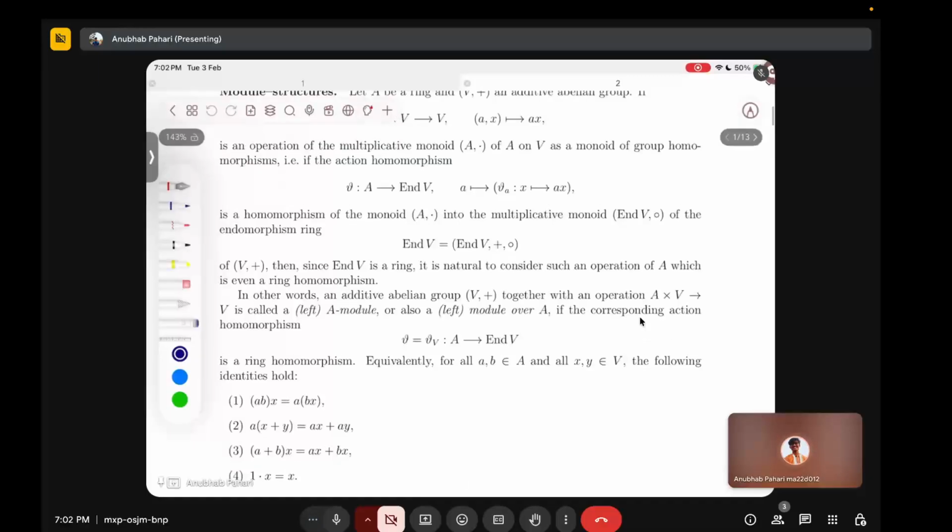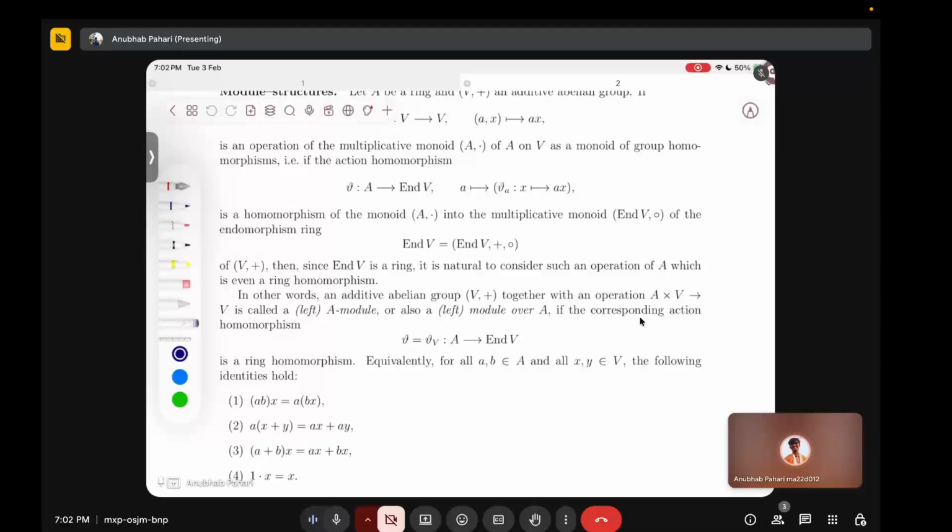That means it is closed under scalar multiplication, and the distributive property holds. So we say that V is a left A-module if the corresponding action homomorphism is a ring homomorphism.